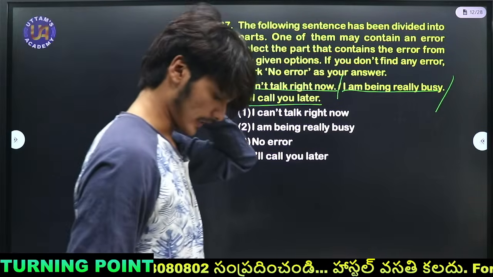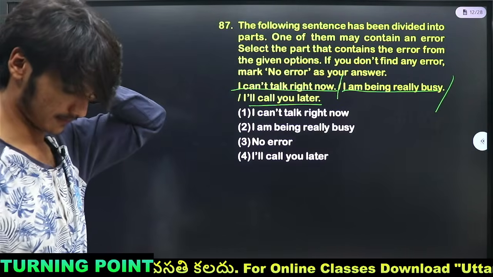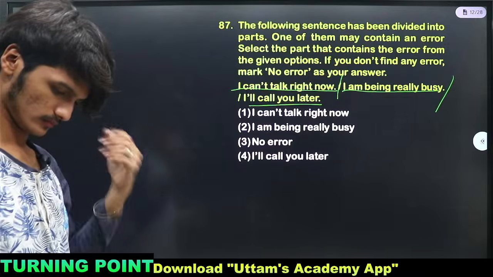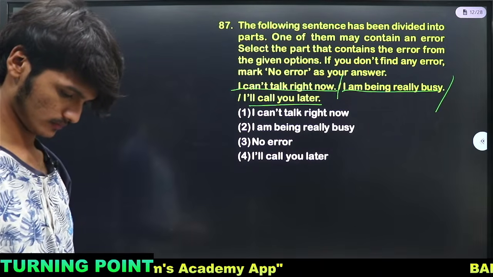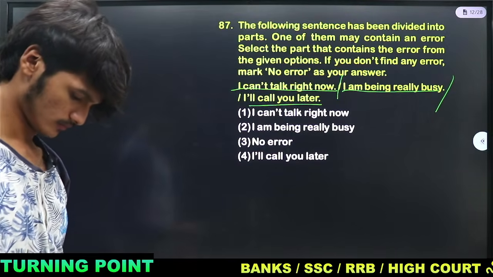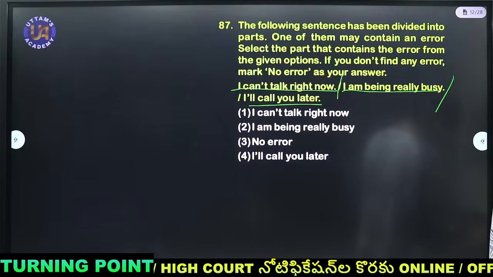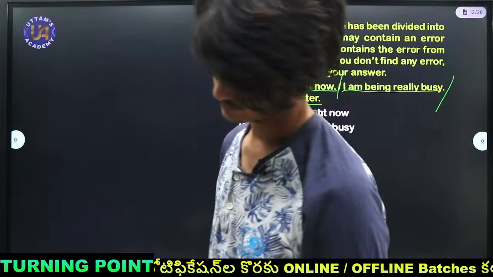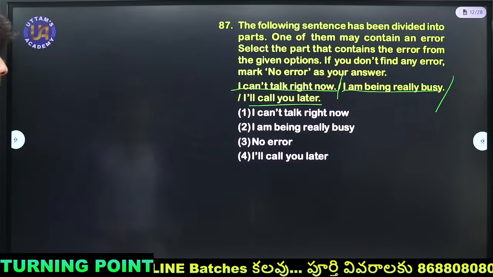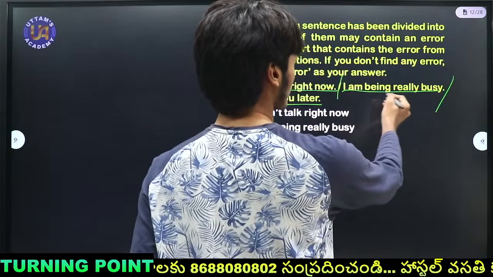So Aim for UPSC says I am being really busy contains an error. Anudipti also says B. Valikant, Lucky, Randur, Hassan Basha say option B. So as you are saying it right, I am being really busy.